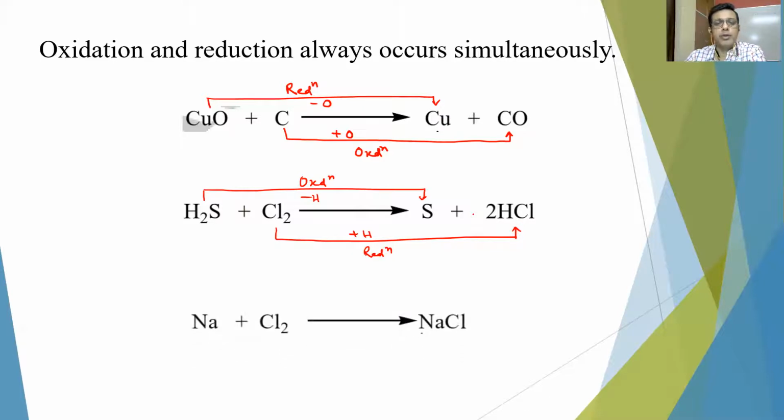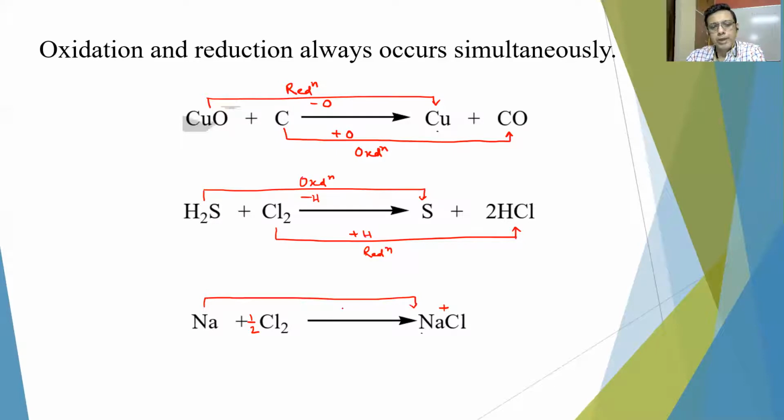If you see the next example, sodium reacts with chlorine to give NaCl. So you have to balance the reaction. To balance this, you can write a half here. And about balancing, we have discussed earlier in our earlier lessons. If you have some doubt, you can go to that and check the balancing. Now in this case, sodium is converted to Na+.